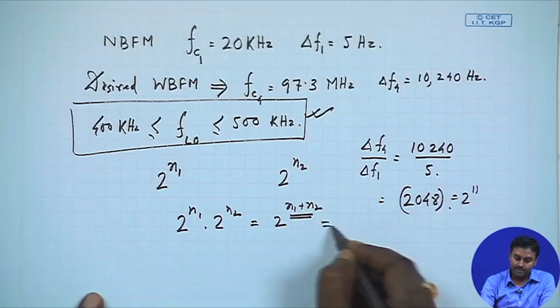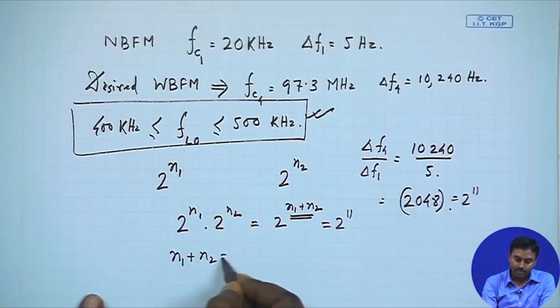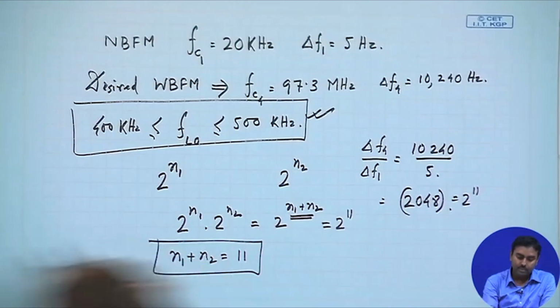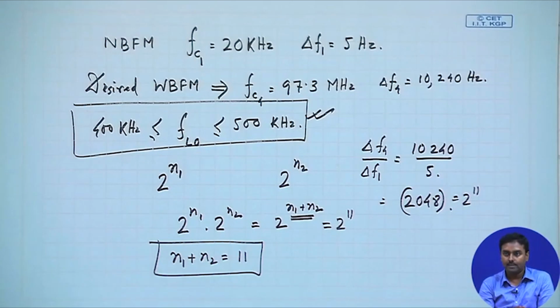So, I can write this as 2 to the power 11. So, I immediately get an equation: n1 plus n2 must be 11. Now, how I split, that depends on me, whether I should get 5 and 6, 6 and 5, or 4 and 7, whichever way I wish to do it.